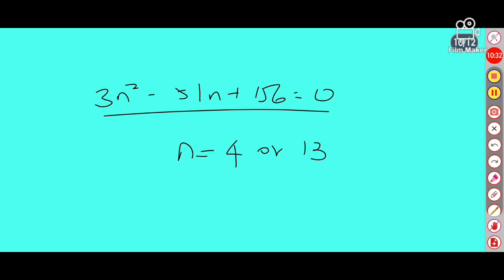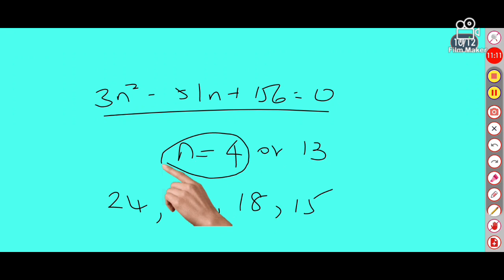So how many terms must be taken so that the sum is 78? It can be 4 or it can be 13. Say for example 24, 21, 18, right? The number of terms can be 4. The next term is obviously 15, right? 24, 21, 18, the next term will be 15, so n equal to 4.